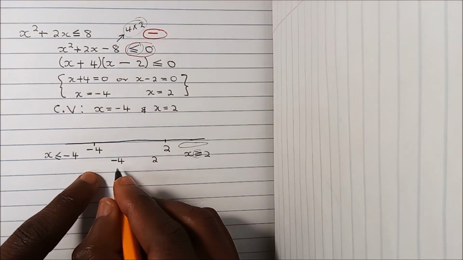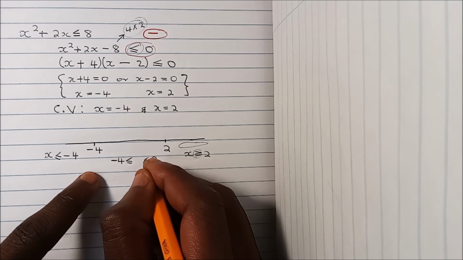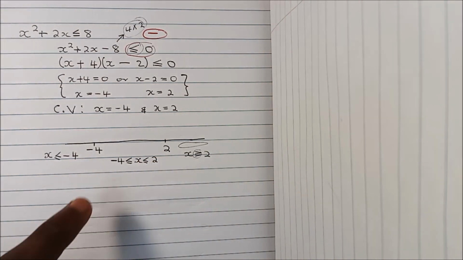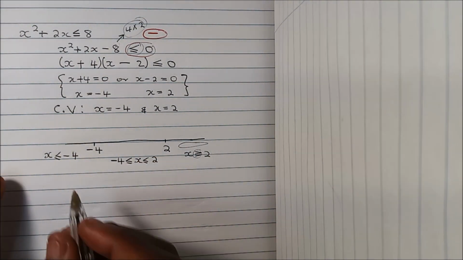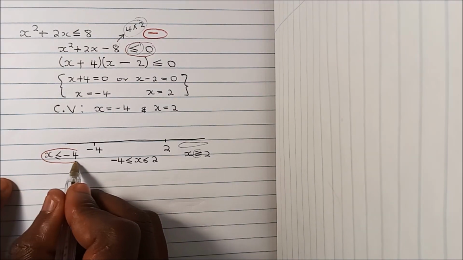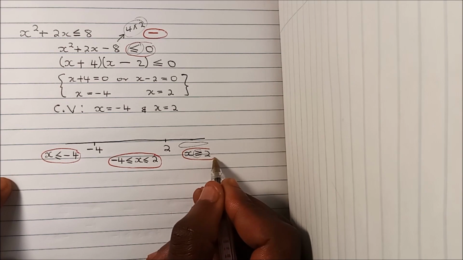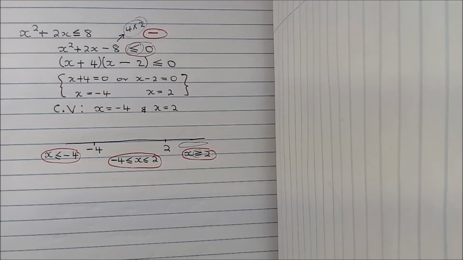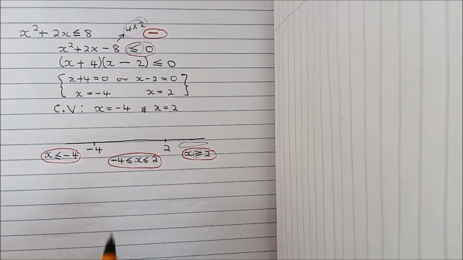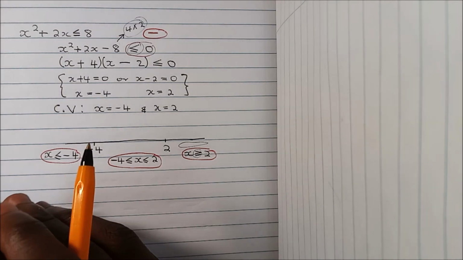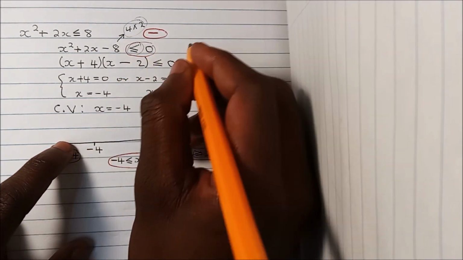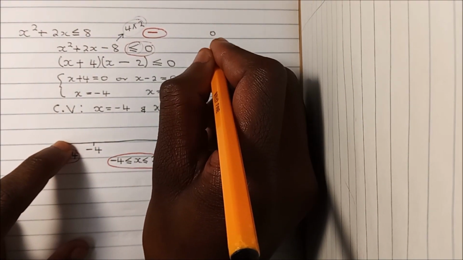So it's -4 and 2. And then you'll just put your inequality and then put x in the middle. Now, you need to highlight these things because remember, one of them can be a solution. So now we will put the dots. Remember the dots? Which one are we using? Are we using this one or this one?